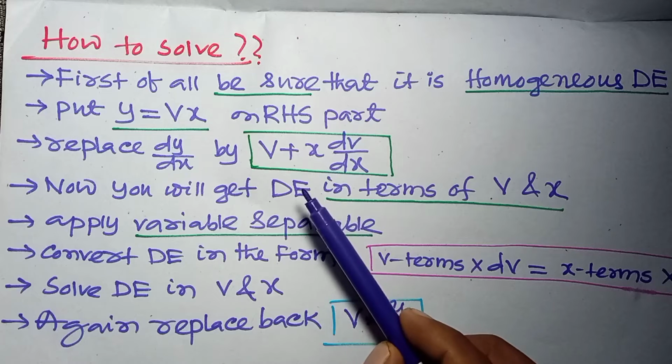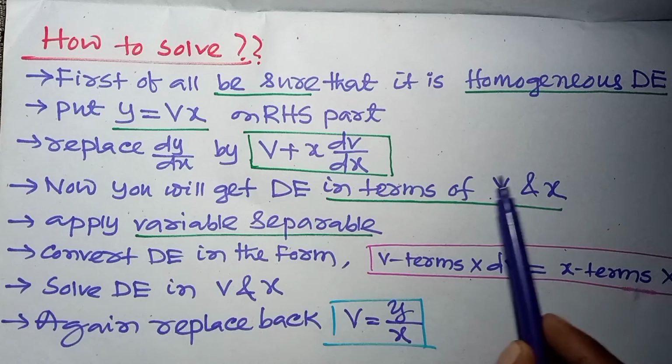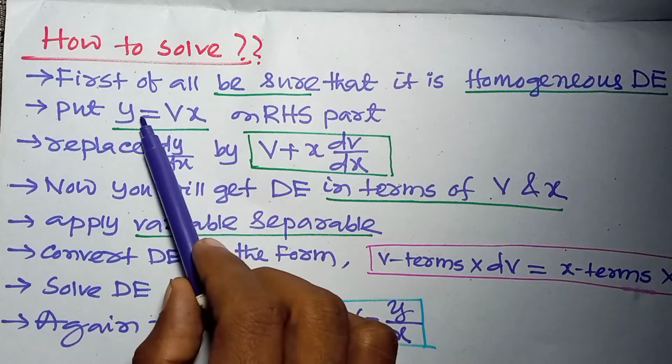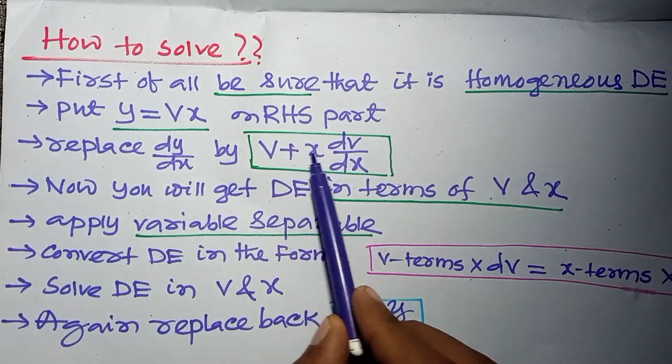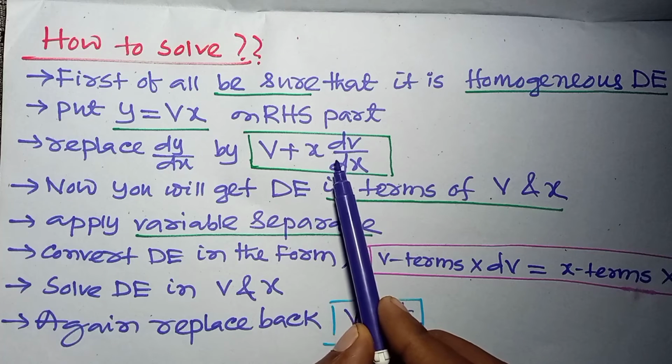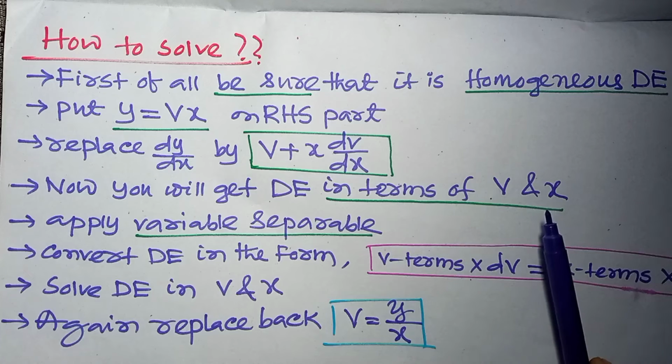After the replacement of y by vx and dy by dx by v plus x dv by dx, you will get a differential equation in terms of v and x.